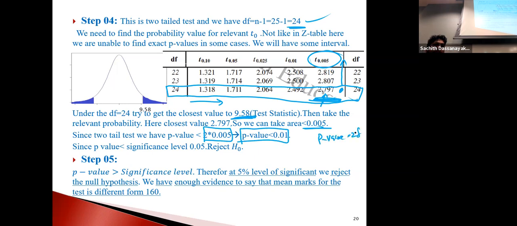In this case you have to approximate that your delta is 0.005. It's not the exact value. It's going to be a very small value than 0.005, like 0.0001, something like that, but it's not there. You have to approximate it. Anyhow, you figure out your delta, and then 2 times delta gives you your p value.